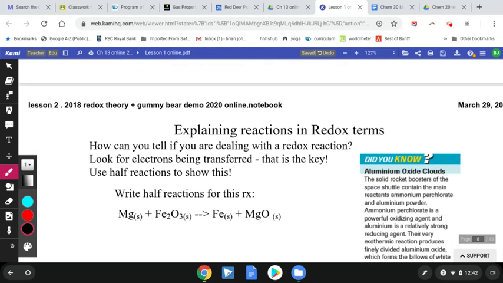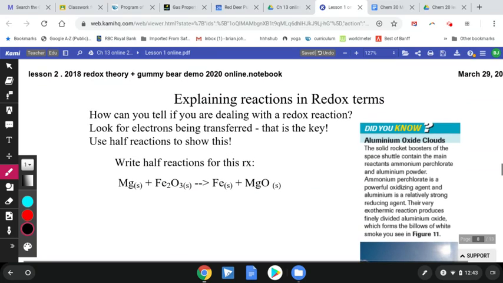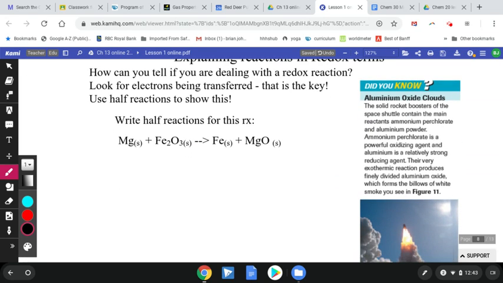Okay, how can you tell if you are dealing with redox reactions? Look for the electrons being transferred. So is this a redox reaction? Because not every chemical reaction is. Is there a gain and a loss of electrons in this one? Let's figure it out. Mg goes to Mg2 plus. This is an ionic compound made up of Fe3 plus and O2 minus, and this one's made up of Mg2 plus and O2 minus.